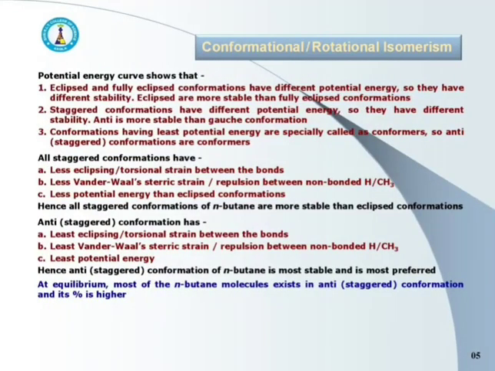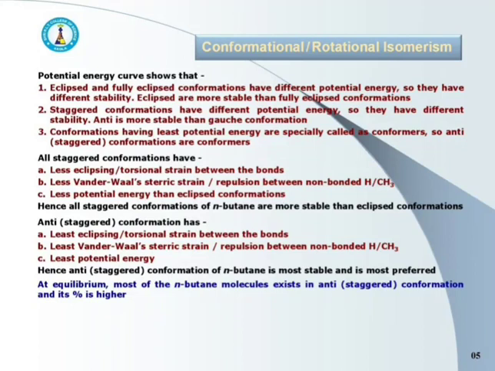Now about the staggered conformations. Staggered conformations have less eclipsing or torsional strain due to bond-bond interaction, because here in staggered conformation the bonds of the back and front carbon are far apart from each other.